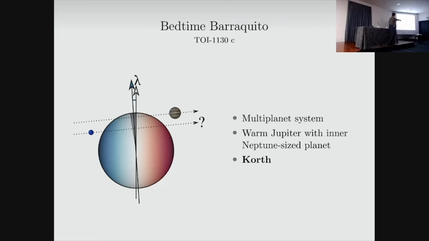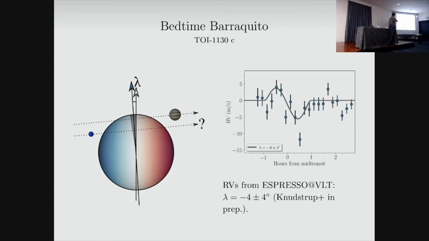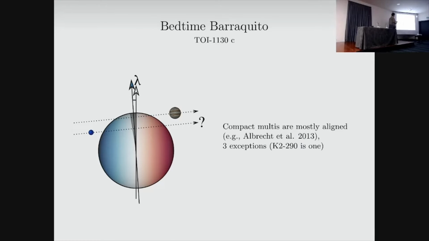I mean, it's very similar to the other one. It's a warm Jupiter and a Neptune-sized planet. And here we only measured the obliquity for the large planet, at least so far, with ESPRESSO again, and you can see we find it to be consistent with alignment here. Right, so the kicker is that these compact multis are mostly aligned, and there are only three exceptions to this rule so far, and K2-290 is one of them.